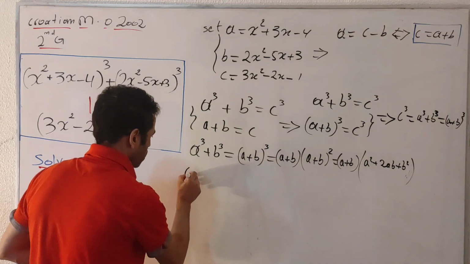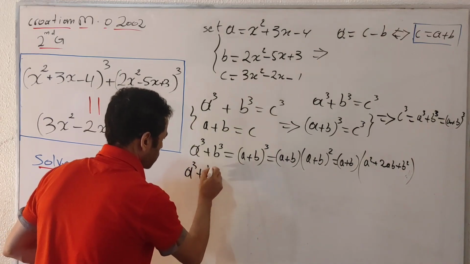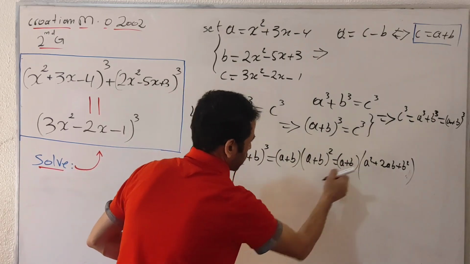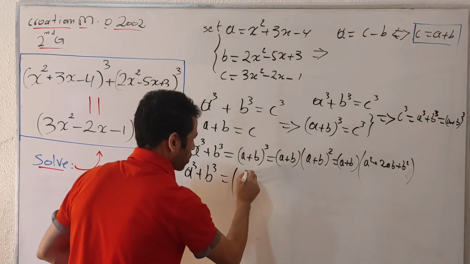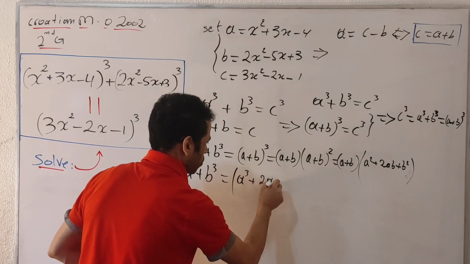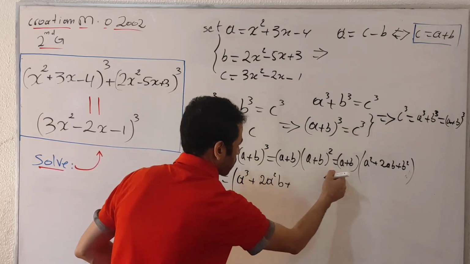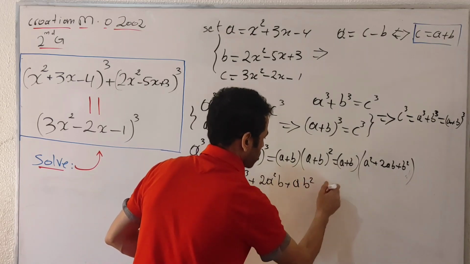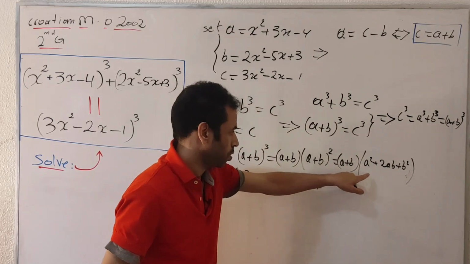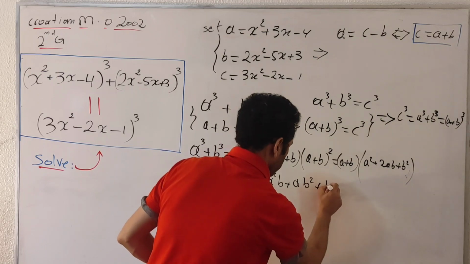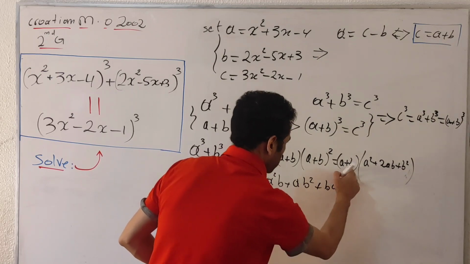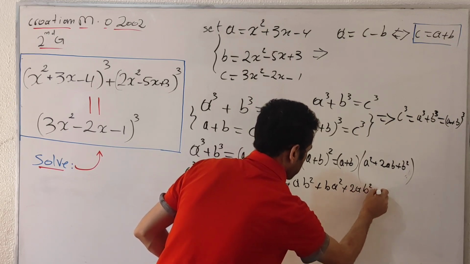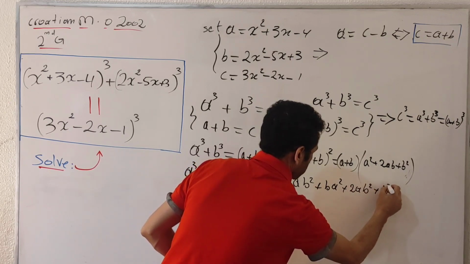So we'll have A³ + B³ equals, this one multiplied by this one is giving us A³ + 2A²B + AB², plus this term, this one we distribute, giving us BA², this one multiplied by this one is giving us 2AB² plus the last term, which is B³.